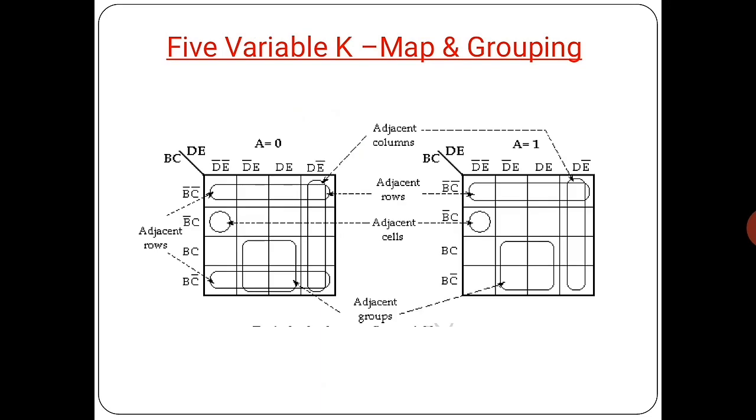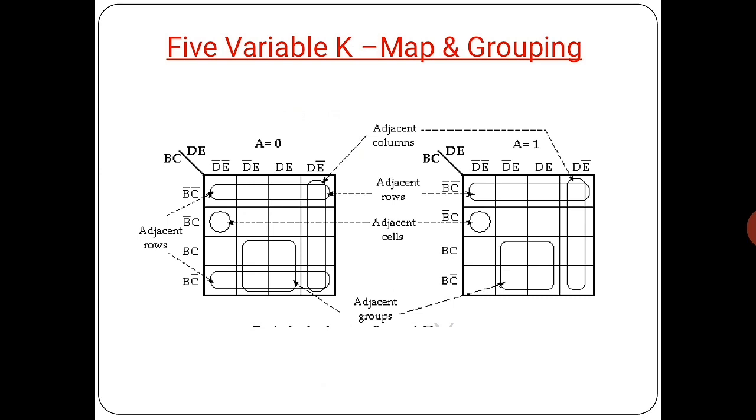In this particular grouping we are going to group adjacent rows, adjacent columns, adjacent groups, and adjacent cells. If we group adjacent columns, we are going to take only the common variables in the leftmost and rightmost maps.